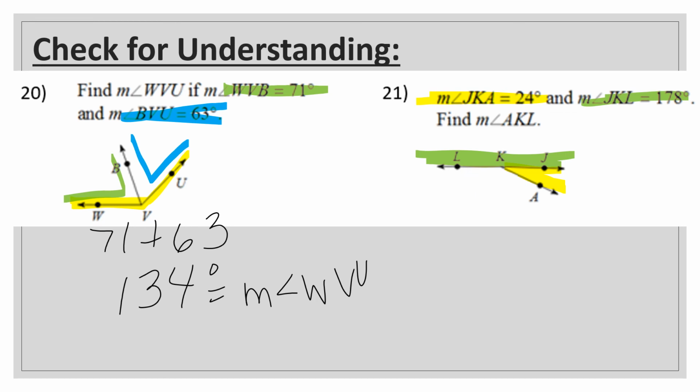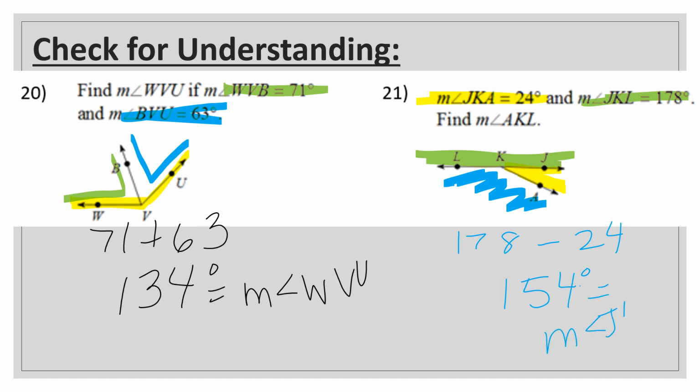So this is where we're going to have to do some subtraction. So I'm going to take my JKL measure, which is 178, and I'm going to subtract the little yellow piece, the 24. So I end up getting 154 degrees as my measure of angle AKL.